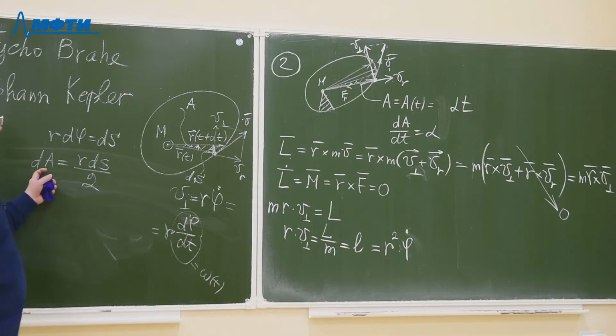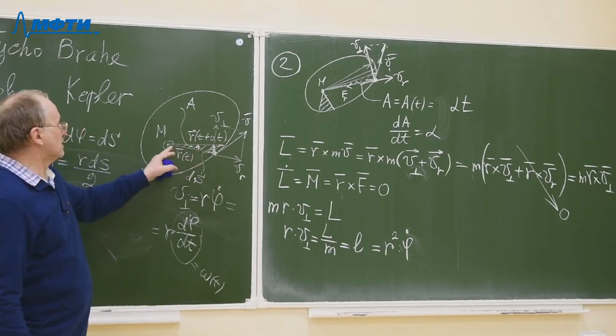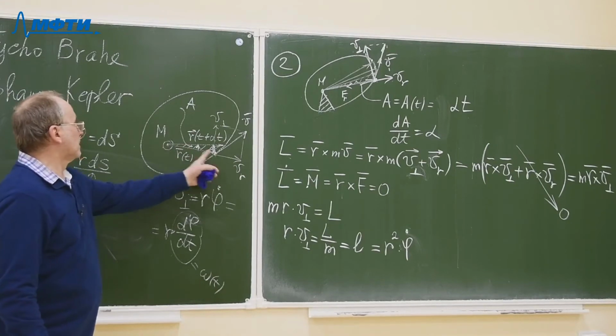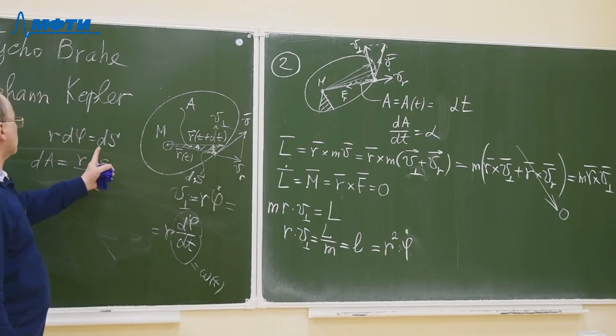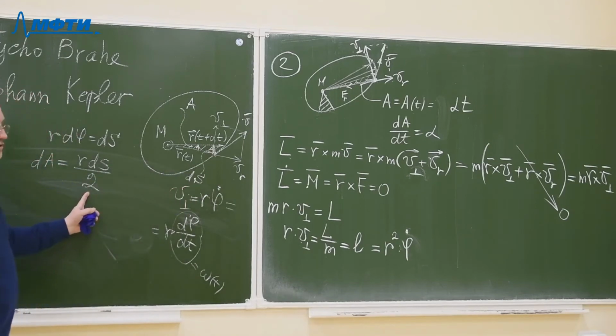The area of this small triangle, which is very, very thin, will be its hypotenuse, which is equal to r, times this leg, which is equal to ds, divided by 2.